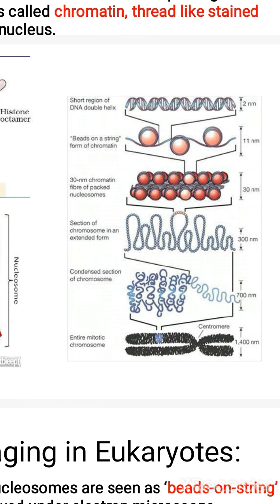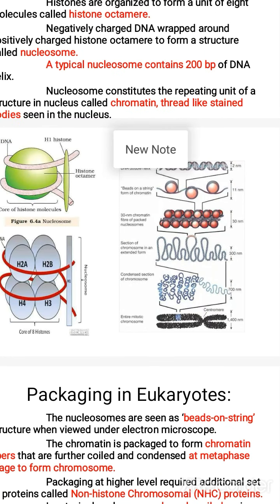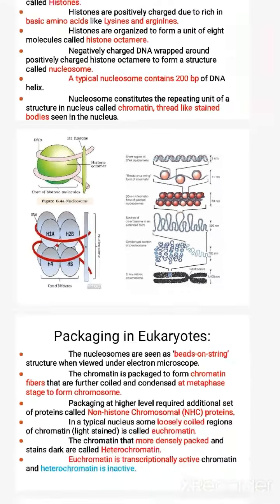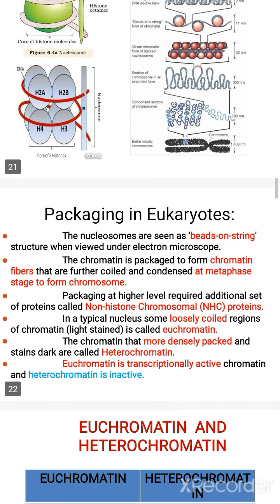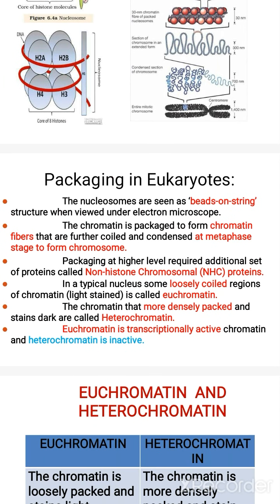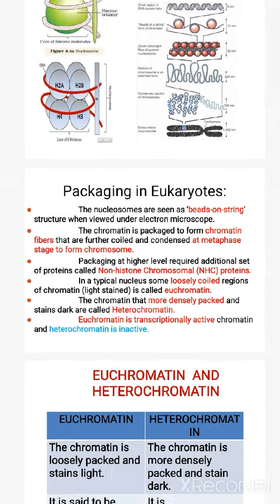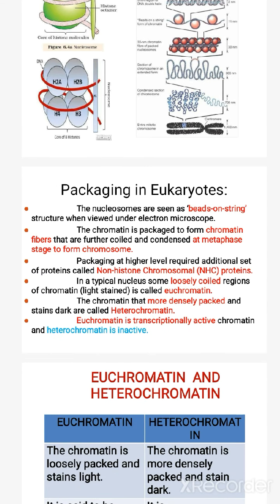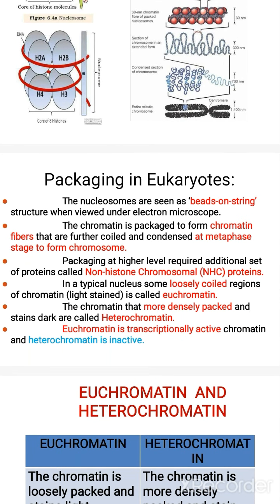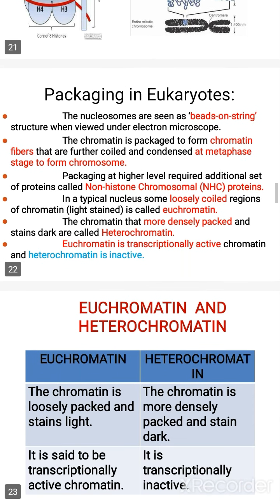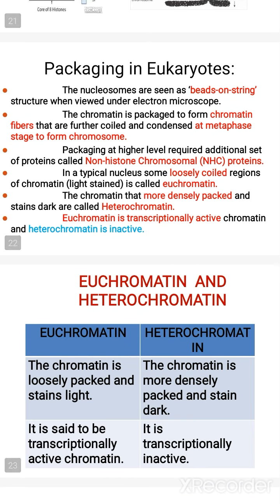The chromatin is a thread-like structure, but it becomes more coiled to form chromatid. The nucleosomes look like beads on a string. I already told you, chromatin fibers become condensed during the metaphase stage, and that you call chromatid.